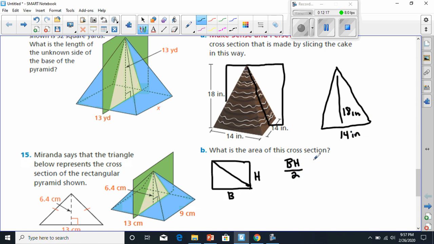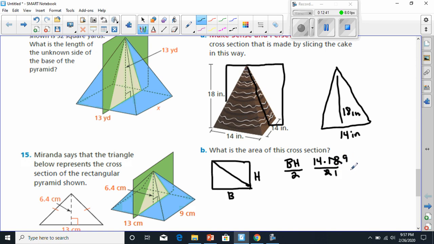Since the base is 14 and the height is 18, that's 14 times 18 divided by 2. Well, I could simply go ahead and take 18 and divide it by 2. And that gives me 9.